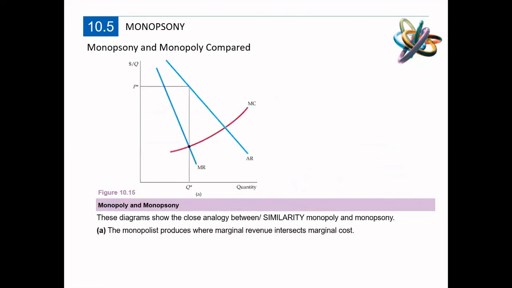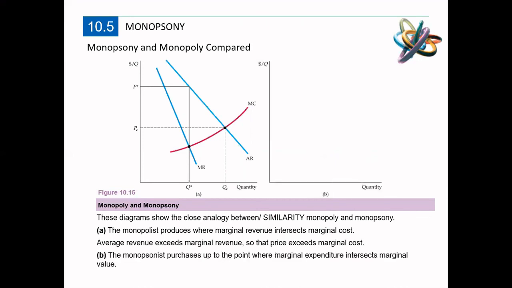comparing both of them, then we will have the demand and the supply for the cost functions that we have. So monopsony and monopoly compared together, then we have different types of market. These diagrams show the similarity between the monopoly and the monopsony.